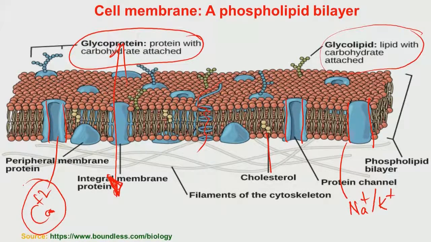Similarly, some channels in the cell membrane are shown differently in terms of their morphology, and these can be the sodium potassium channel. Again they can specifically allow the transport of sodium or potassium ions through this channel into the cell or outside the cell.